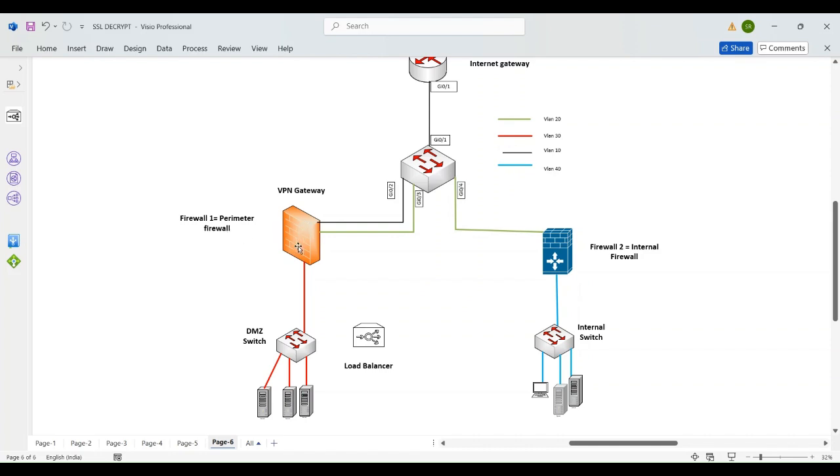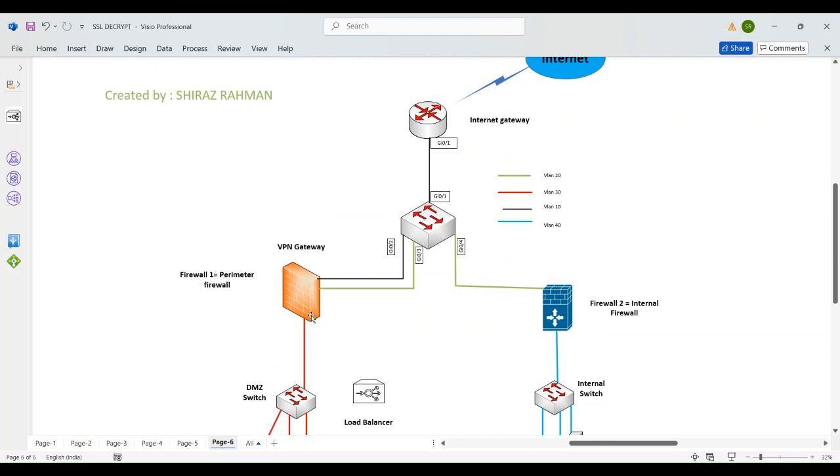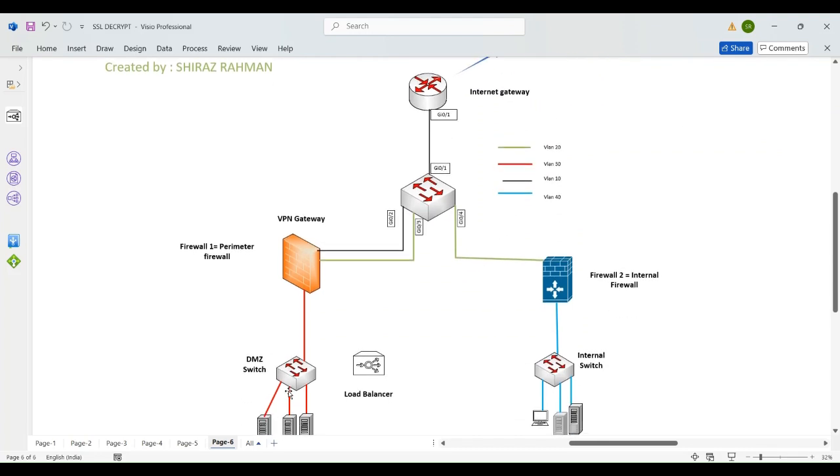We will use the perimeter firewall for the DMZ connection, right? And we will place all these switches and servers under the DMZ, which is supposed to be exposed to the outside world, like web servers or FTP servers, right? So these are the DMZ servers which are exposed to the external world, or someone sitting over here who wants to access this DMZ server, right?